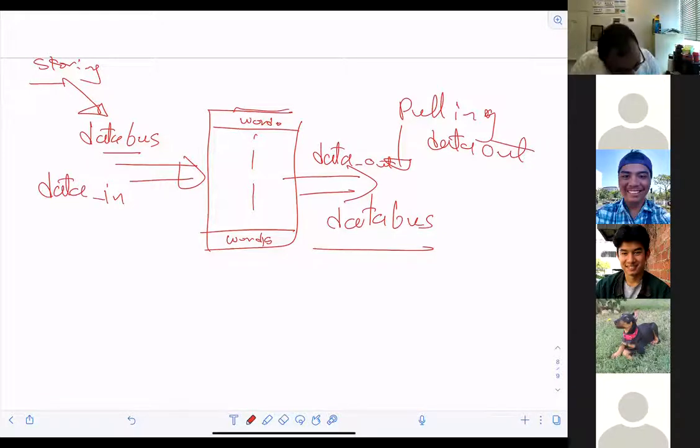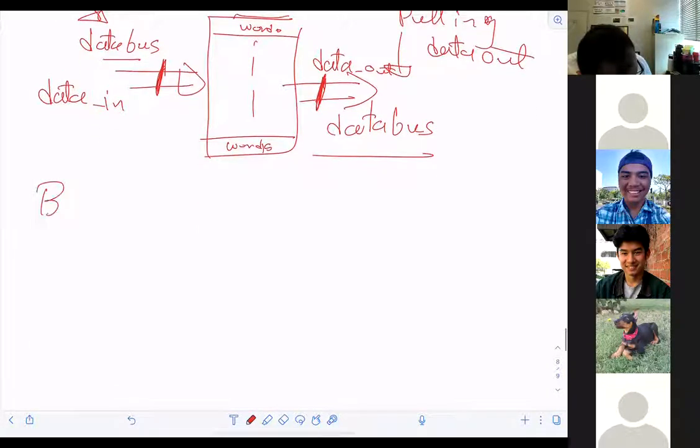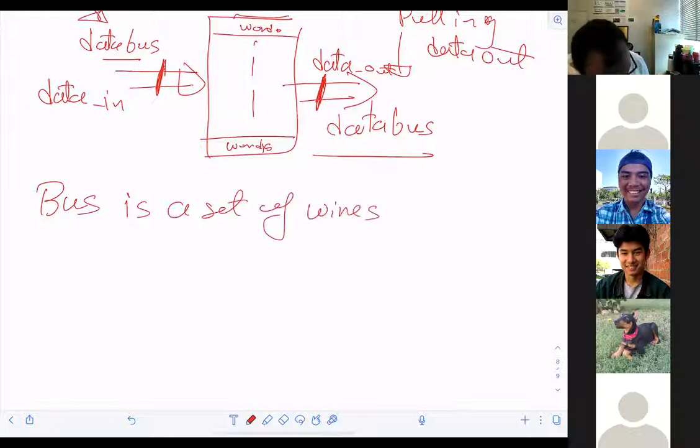What is the size of this guy? Somebody can tell me. Normally, the memory produces words. So that means the size of these buses, and what is the definition of a bus, by the way? A bus is a set of wires.